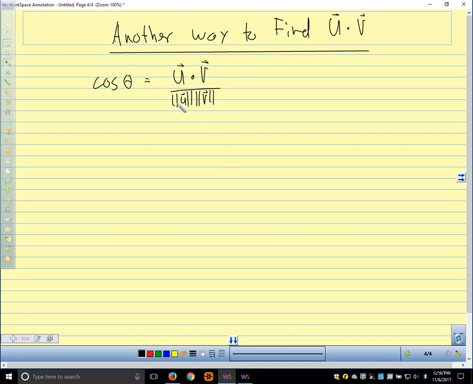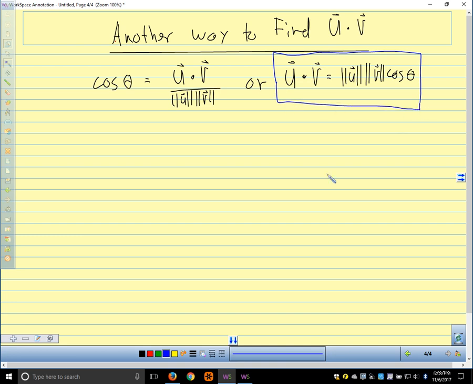I can multiply both sides by the magnitude of u times the magnitude of v, and I get that u dot v is the magnitude of u times the magnitude of v times the cosine of the angle between them. Well, this gives us a second way to calculate the dot product.